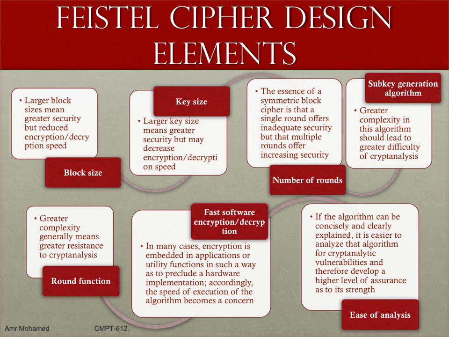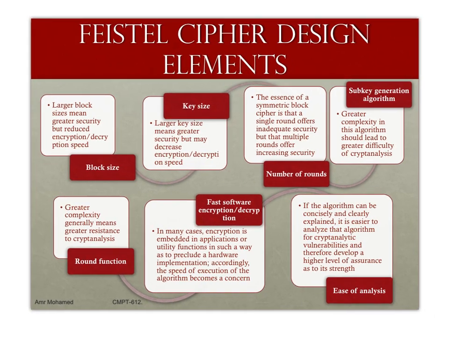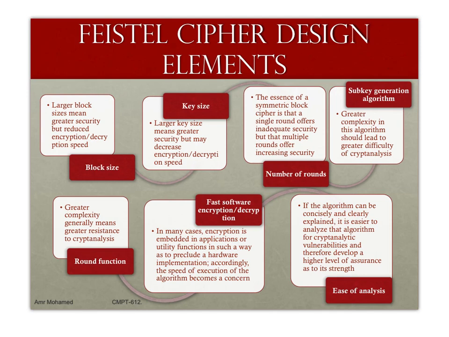So these Feistel cipher design elements have certain characteristics, starting with block size. As we said, block size is usually 64. We'll talk about DES; DES uses 64. If we use a larger block size, what is the implication on that structure?